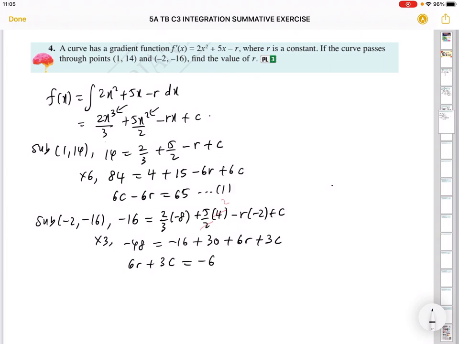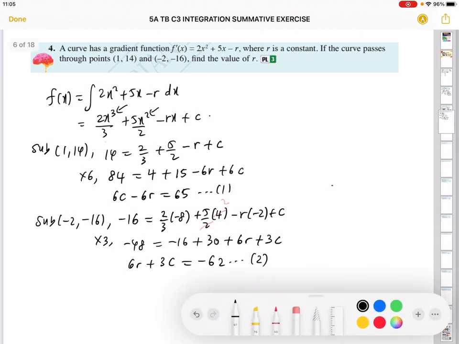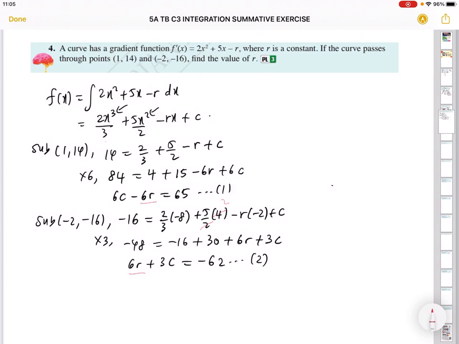Now you can choose to get rid of r or get rid of c. Actually, by right, we don't need c, we need r, but it's okay. Since I rearranged in this form, you can see that these two have the same term, right? Same coefficient, one is positive, one is negative. So I'll take equation 1 plus 2, 6c plus 3c is 9c, 65 minus 62 is 3, so c is 3 over 9.